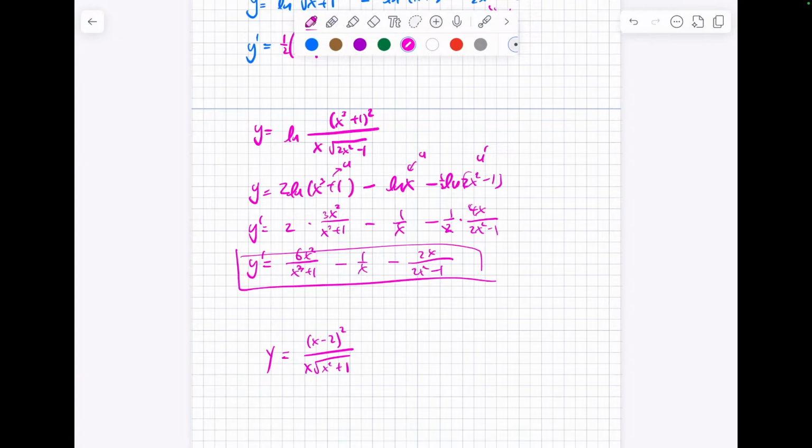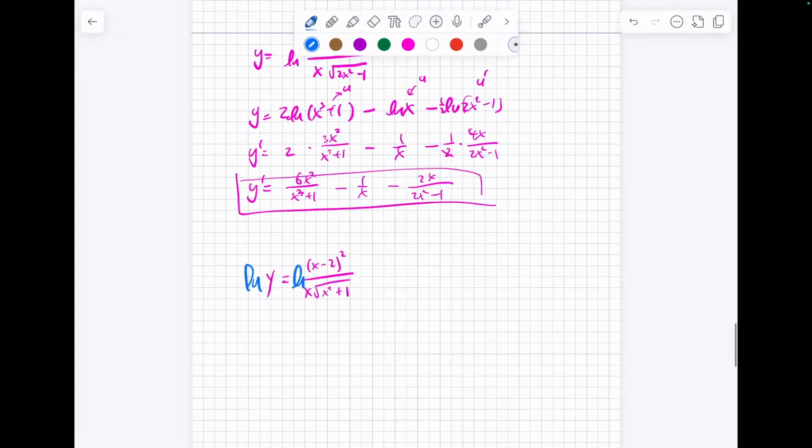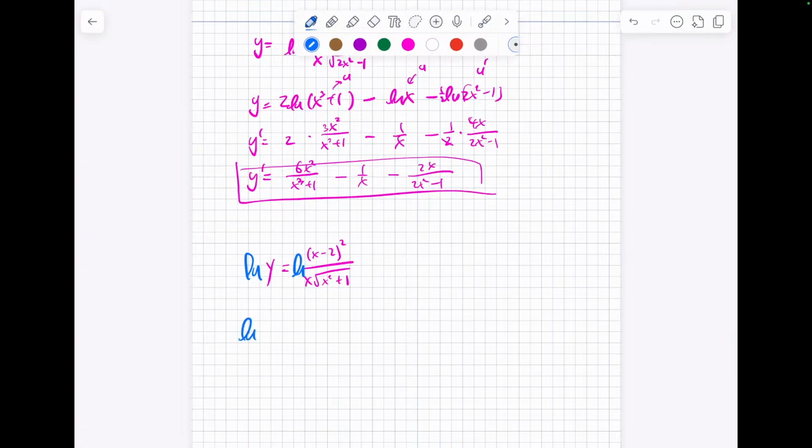So the best way is to take natural log on both sides, which you can always do, do something to both sides. And then natural log of y, and I'm going to expand this. So there's not much difference than before.